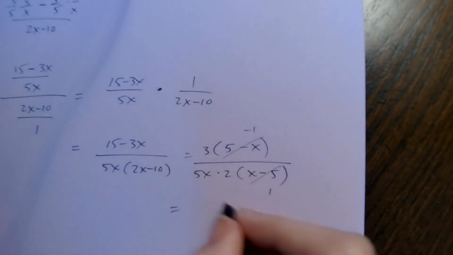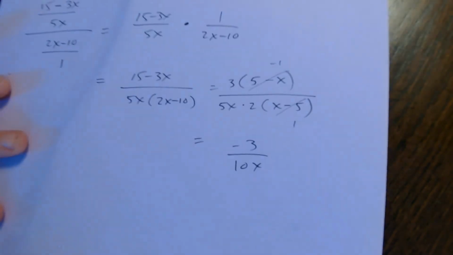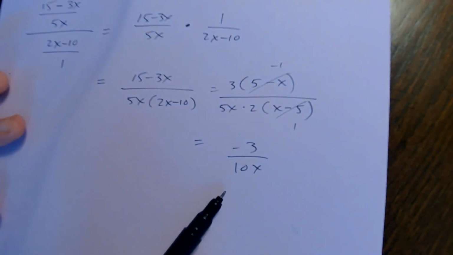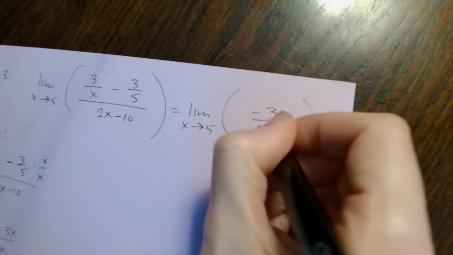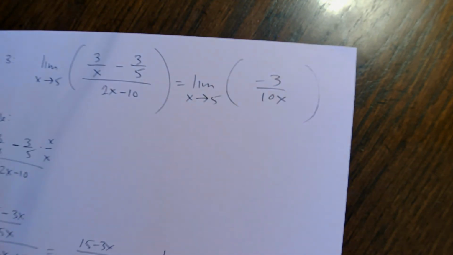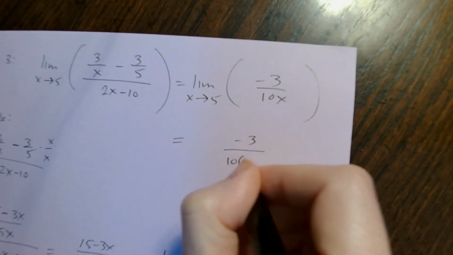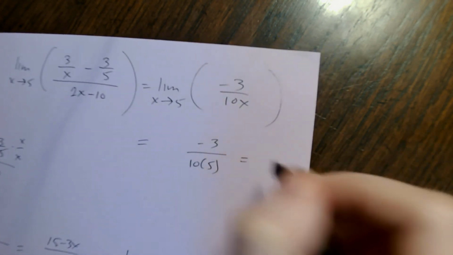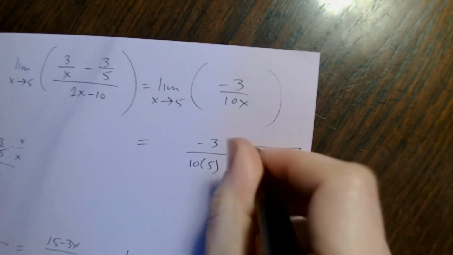So what is this? This is negative 3 over 10x. And now this goes back up here. Negative 3 over 10x. And now you can direct substitute. So this is negative 3 over 10 times 5. That's negative 3 over 50.